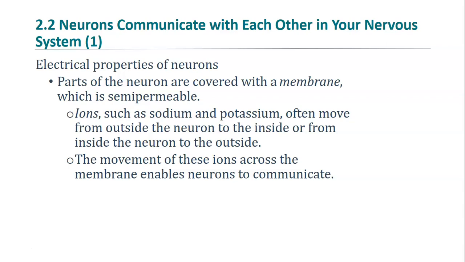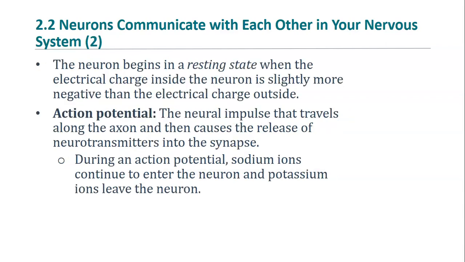Action potentials involve the movement of ions, which are charged particles, from one side of the neuron to the other. In between action potentials, the neuron is in a resting state where it is slightly more negatively charged inside the axon than out.